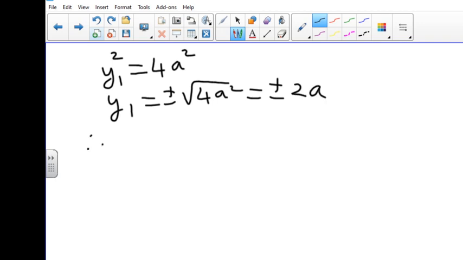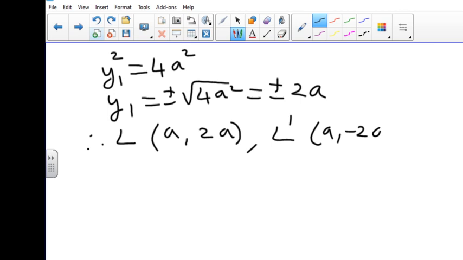Therefore, the points L can be taken as (a, 2a) and L dash as (a, minus 2a). So we have to find the distance between these two points.